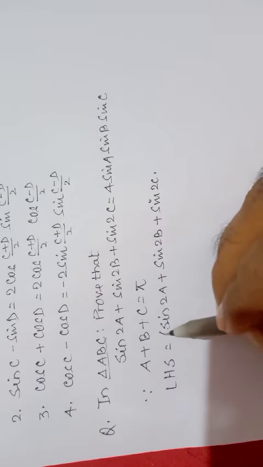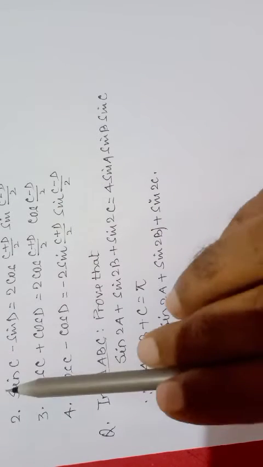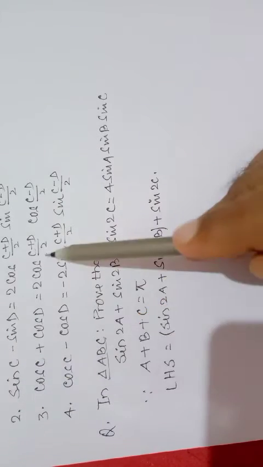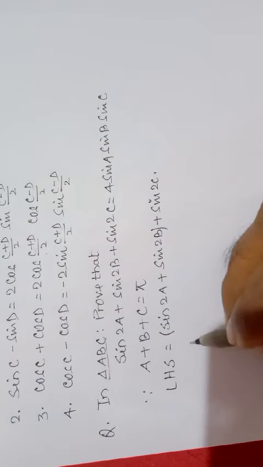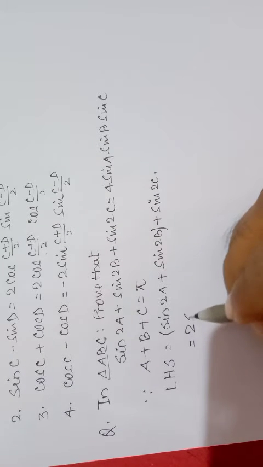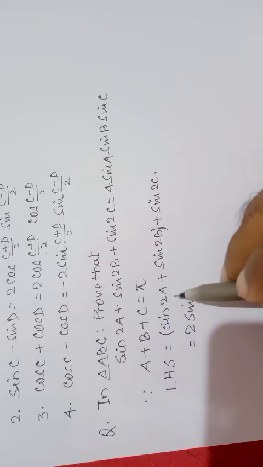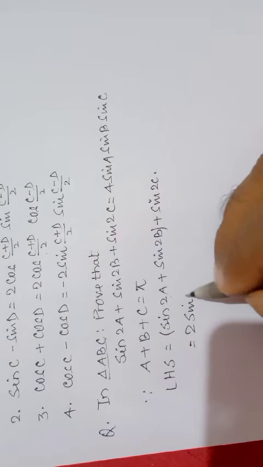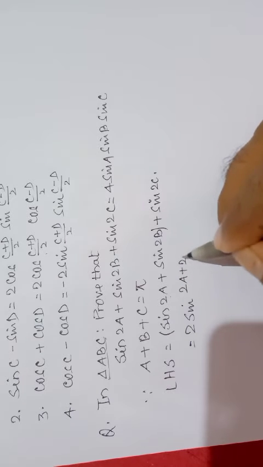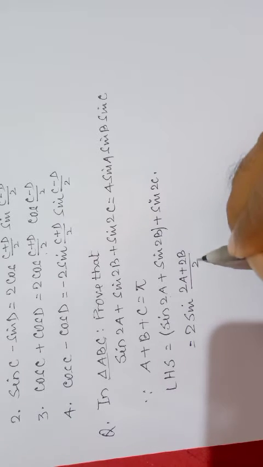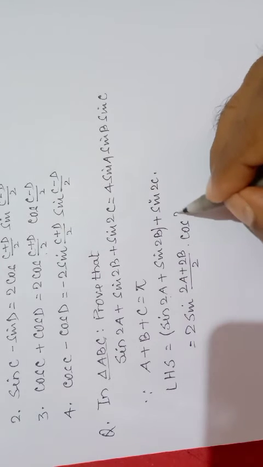For the first two terms we should apply the formula for sin C plus sin D. What is the formula? 2 sin (C plus D)/2, here (2A plus 2B)/2, into cos (C minus D)/2.